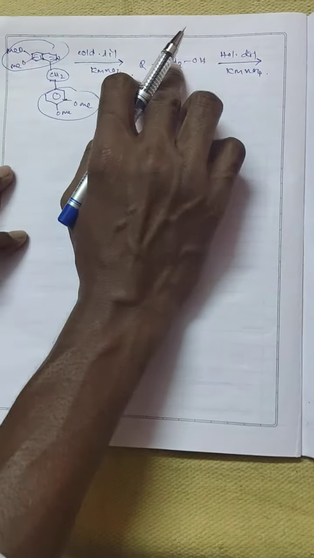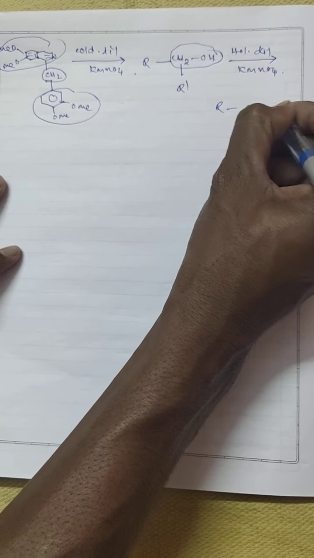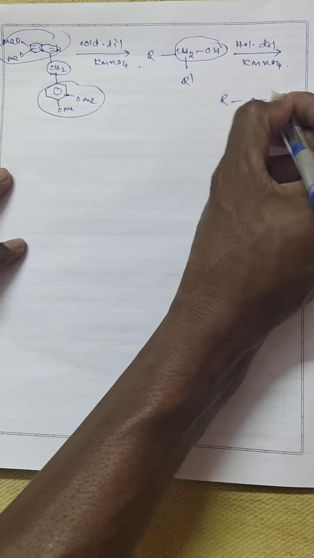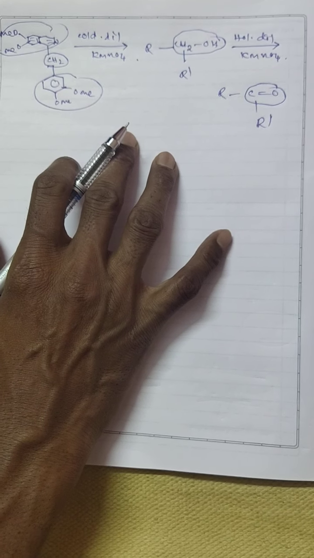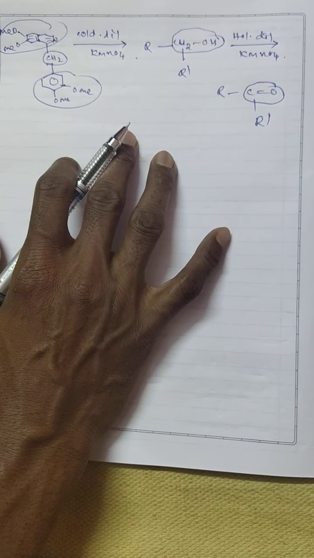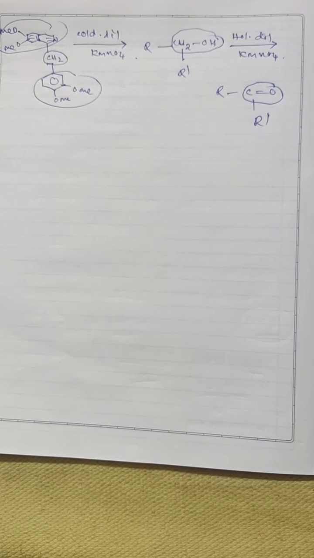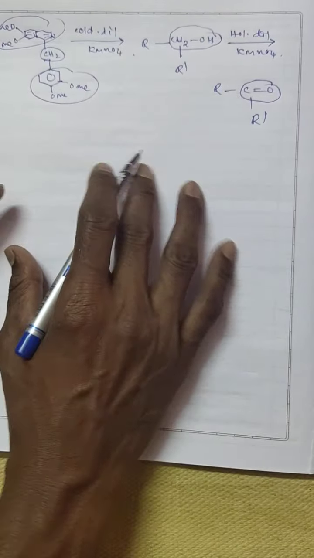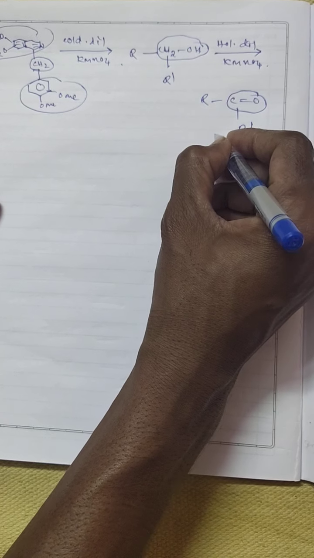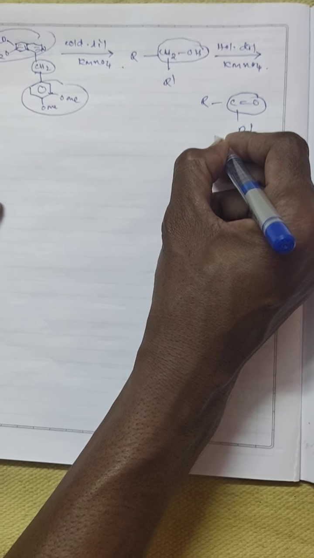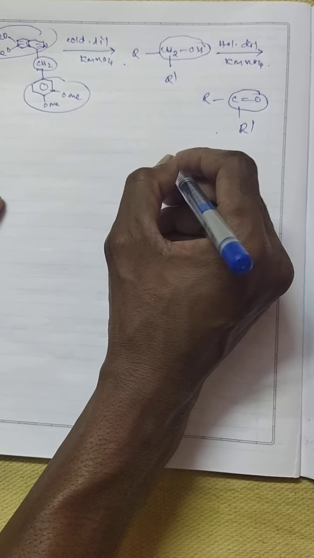So it is an oxidation reaction, both are oxidation. Which group is converted into keto group? That is C double bond O, right? So this is papaveraldine. I will write clearly in the structure.